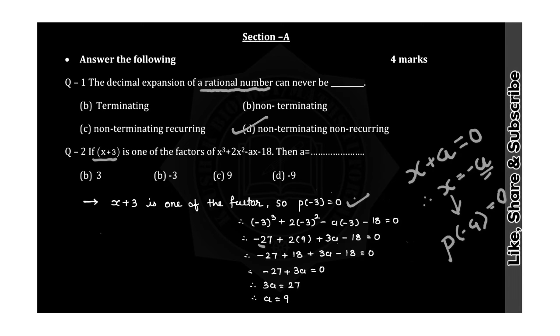Now simplify, 2 9s are 18, so plus 18 minus 18 will cancel, and therefore minus 27 plus 3a is equal to 0. Now minus 27 goes to the opposite side, then it will be plus, and 3 from multiplication goes into division, and 27 divided by 3 is 9, and therefore your right answer is option C, 9.